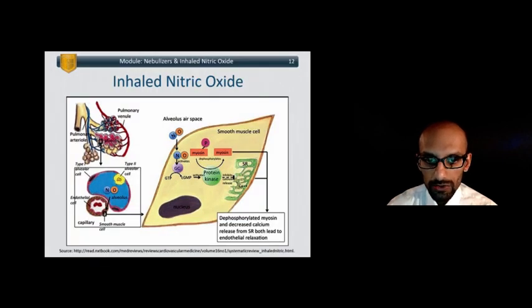So I'll leave you to sort of pore over this image, which essentially shows you how nitric oxide makes its way from the alveolar airspace into the smooth muscle cell of the bronchioles and of the endothelial cells in the smooth muscle of the vasculature. Converts the guanosine triphosphate to cyclic GMP upon activation of guanylyl cyclase.